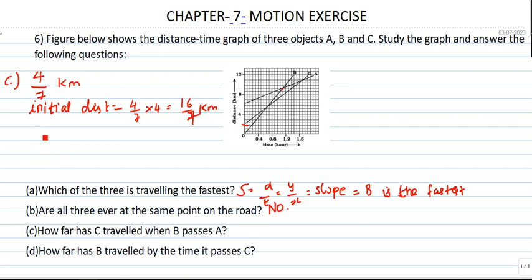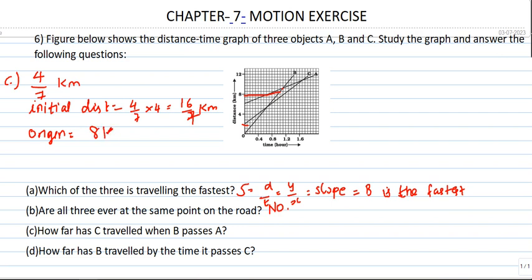So what we have to find out now is the distance of C at this point. So from the origin it is 8 kilometers, say. From the graph, we see it is at this point B is crossing A. So from the origin it is 8 kilometers.